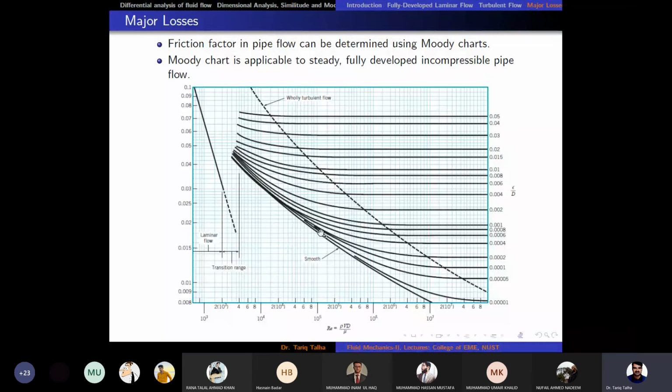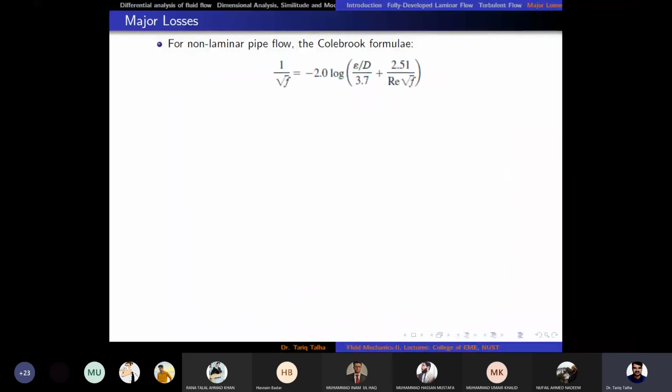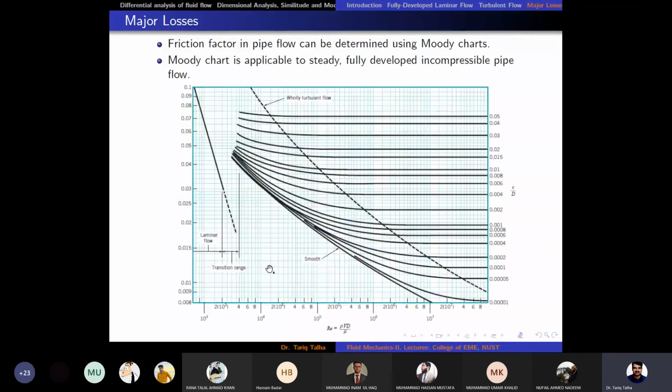And if we see, all these curves are quite jumbled up at this location, so it is very hard to see from this chart. So we can use these relations.